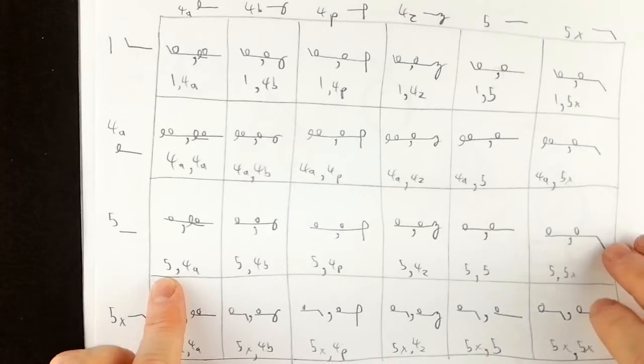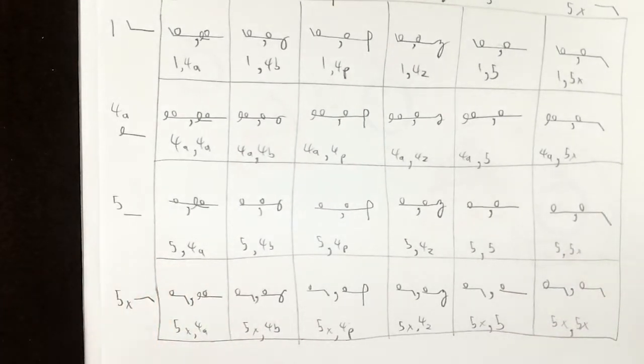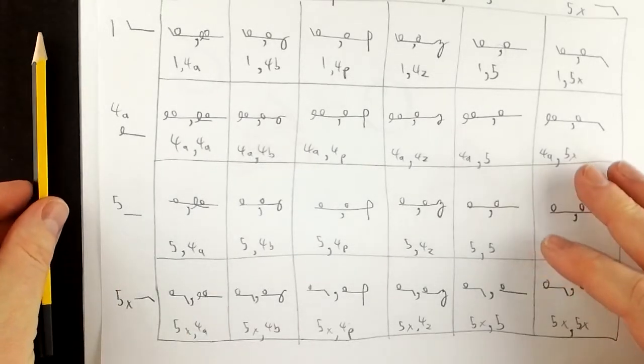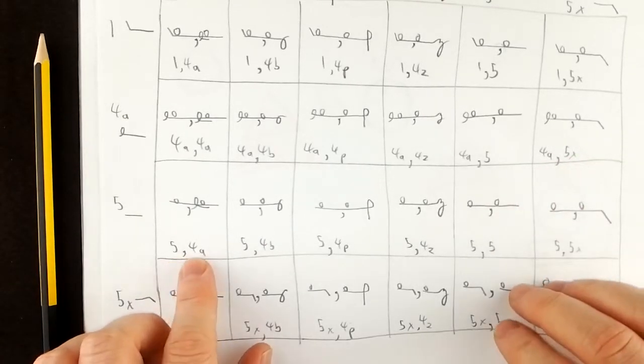Okay, 5X, 4A. You can pause the video and write it down. Okay, let's try. This is very long. You're doing very good. Keep going.